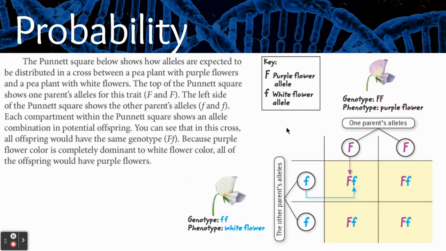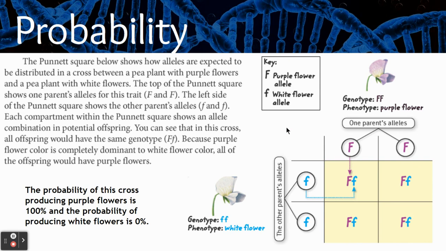So if we look at the probability, it looks like the probability of this cross producing purple flowers is 100%, and the probability of it producing white flowers is 0%. And it looks like the only possible genotype you could get when crossing these two is a heterozygous, a capital and a lowercase. Let's take a look at another example.